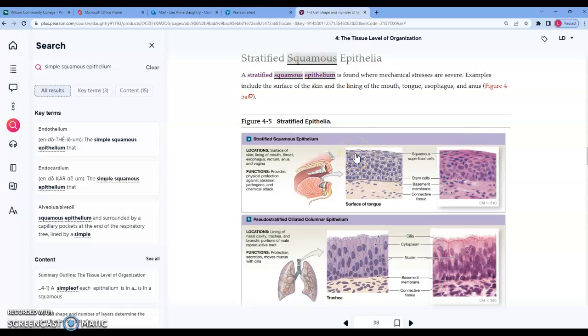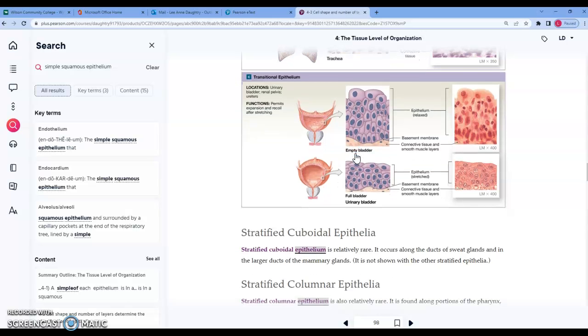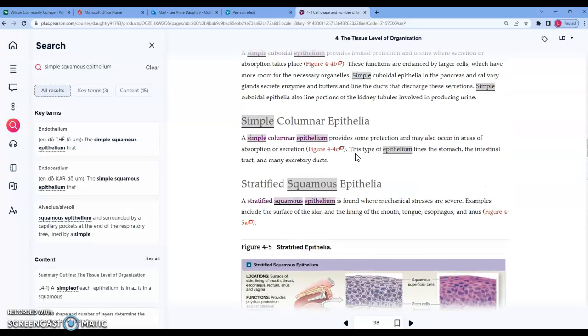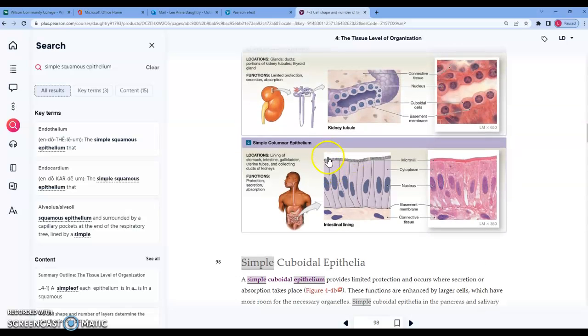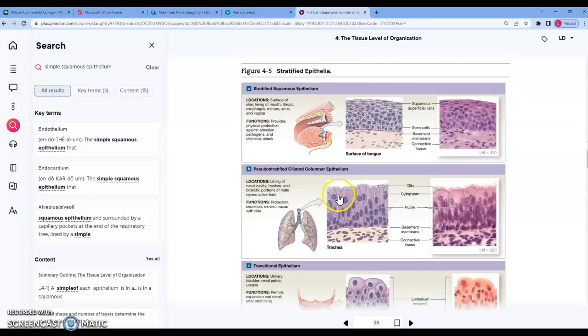Simple columnar is going to have a single horizontal row of nuclei. So they're very tall cells with usually microvilli on the surface. You see how the nuclei are lined up in a horizontal row. But if you look at pseudostratified, they're scattered all over the place.